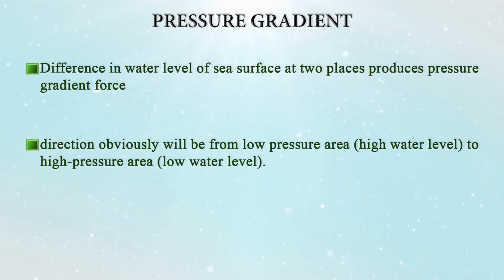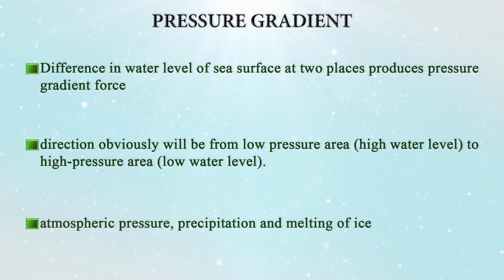From high pressure areas water is pressed below, and so there is a subsurface current from the high pressure area to the low pressure area, and along the surface the current moves from low pressure areas to the high pressure areas, because there is always a flow of water from high water level, which is the low pressure area, to the low water level, which is the high pressure area. So you see that this is affected by the atmospheric pressure.